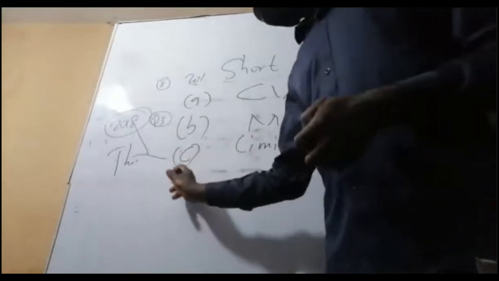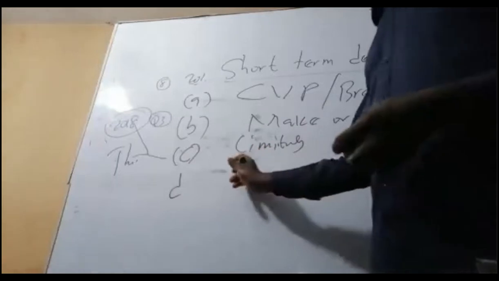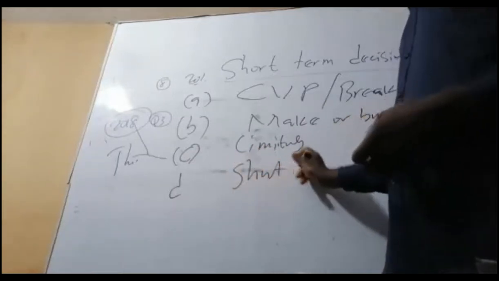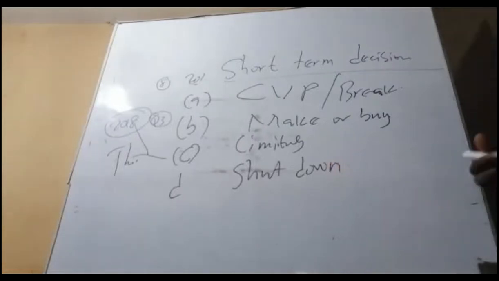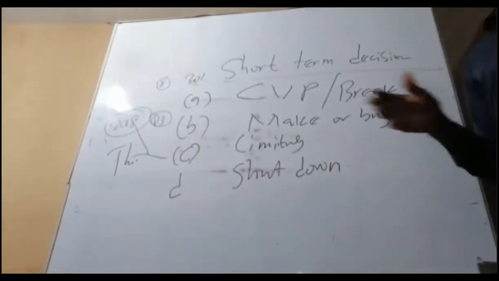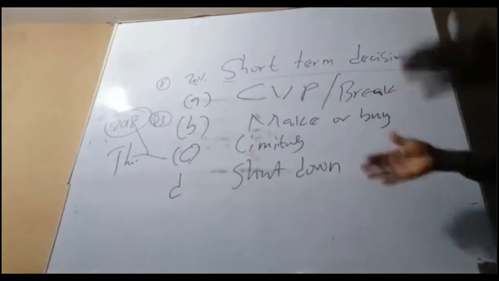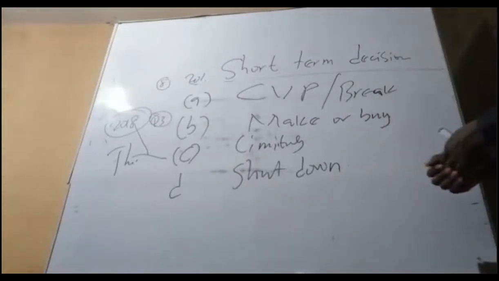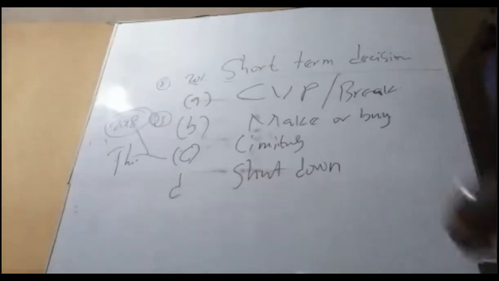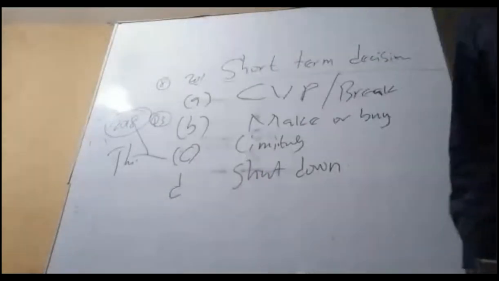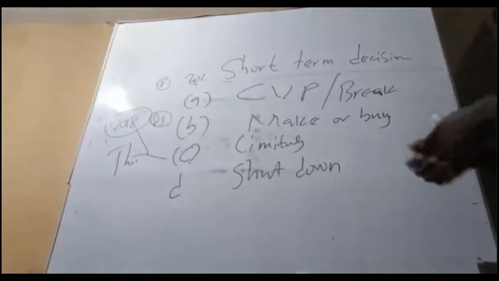Then you go to D, shut down. That's November 2014 and 2015. Shut down decision. Maybe you have a division or a branch that you want to close, to stop producing or stop running. On what basis? Can you just wake up and say, let me close that division or that branch?